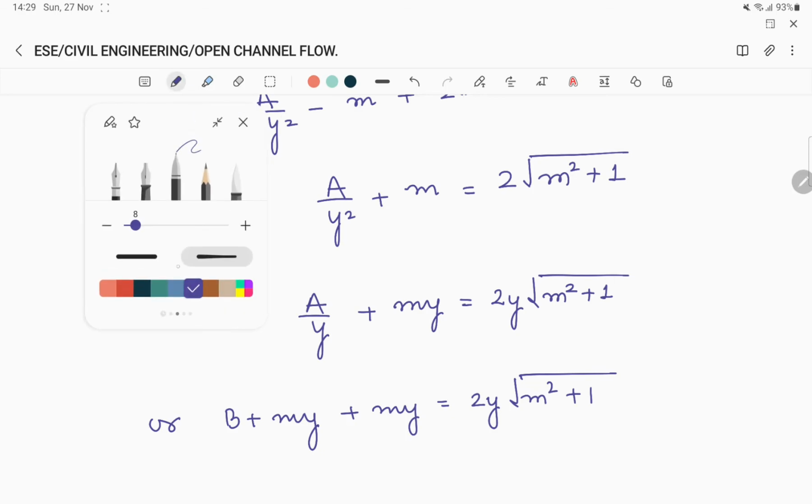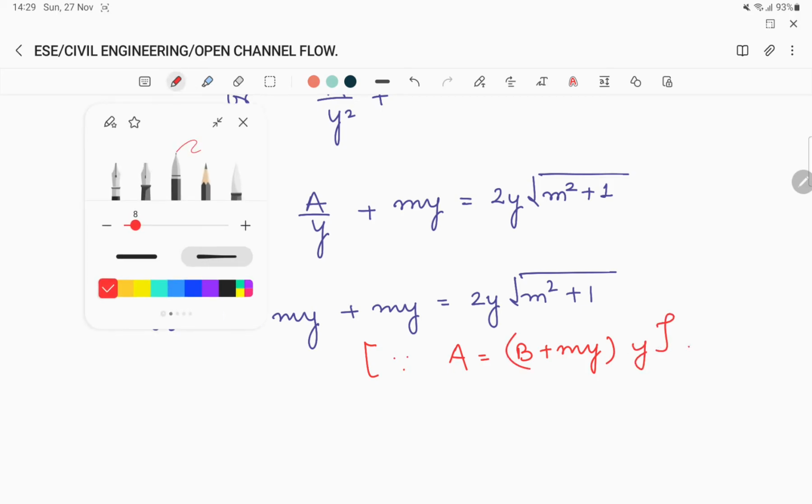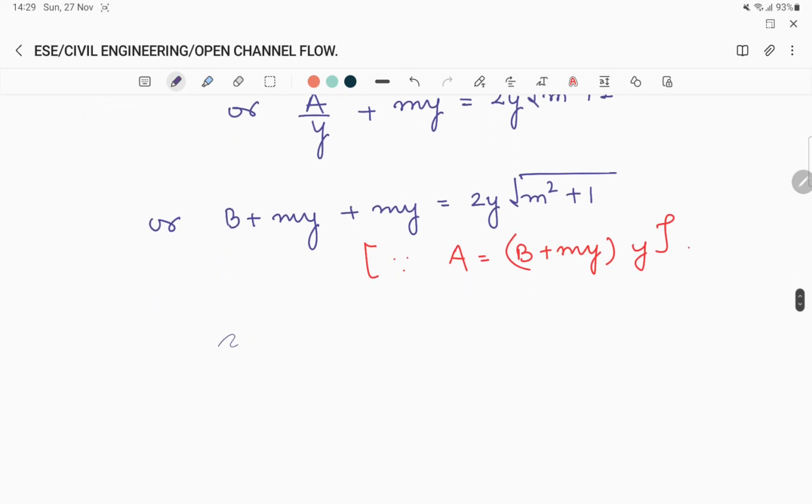What is the reason behind this? The reason is that since area is equal to B plus my into y, this becomes B plus 2my is equal to 2y under root m square plus 1.